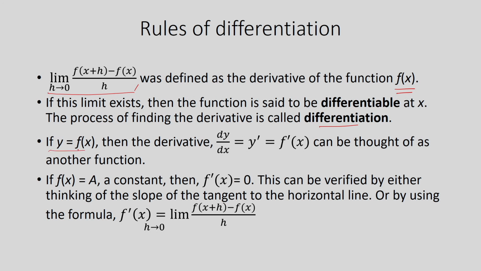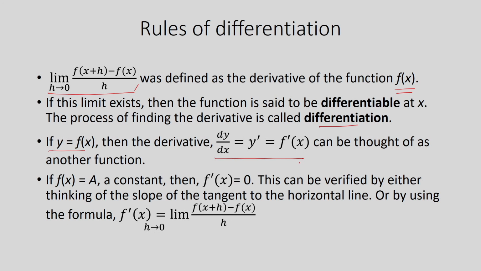Suppose y is equal to f x is the function, then the derivative is denoted by these notations. It is sometimes written as dy dx, it is also written as y dashed, or sometimes called y prime, and it is sometimes written as f dashed of x, also called f prime of x.